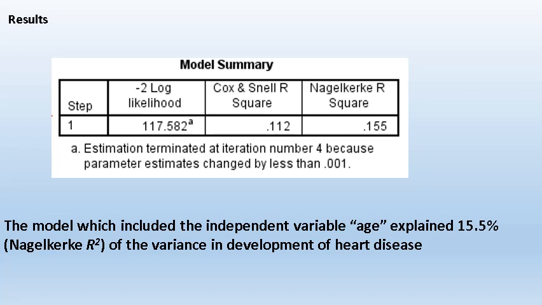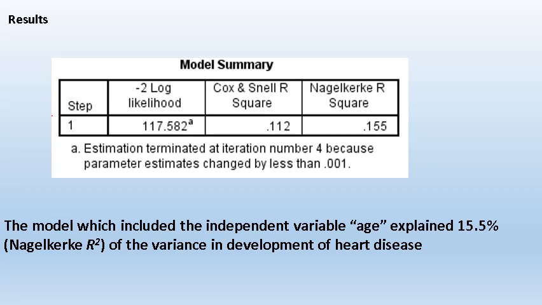If Nagelkerke R squared is 15.5%, that means 15.5% of variance in the outcome variable. Here 15.5% of variance in development of heart disease can be predicted by the regression model.